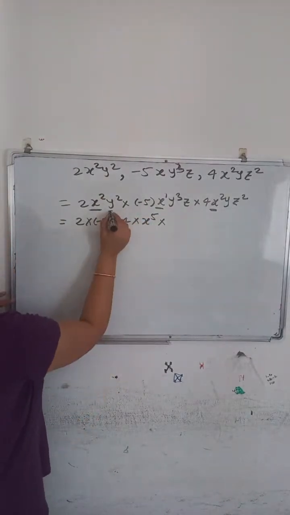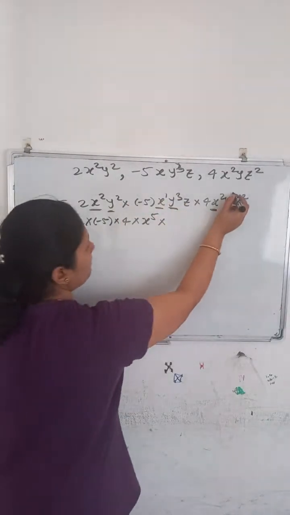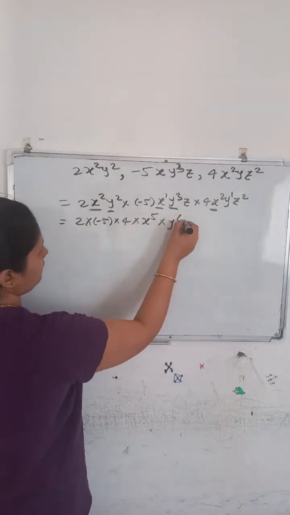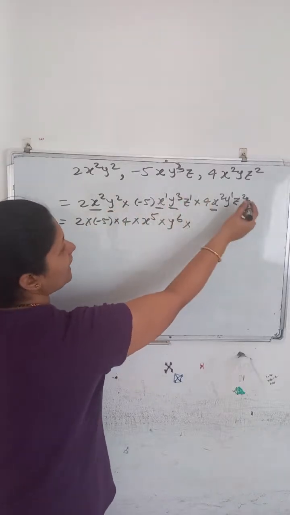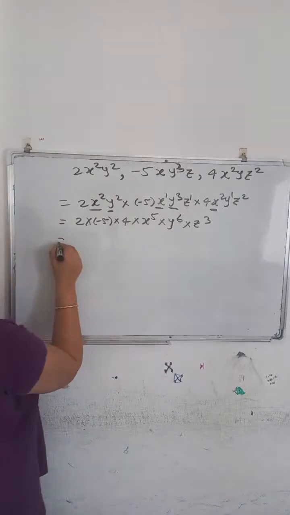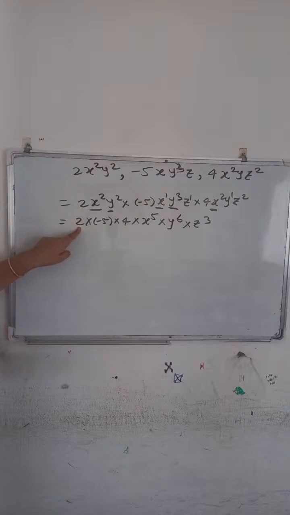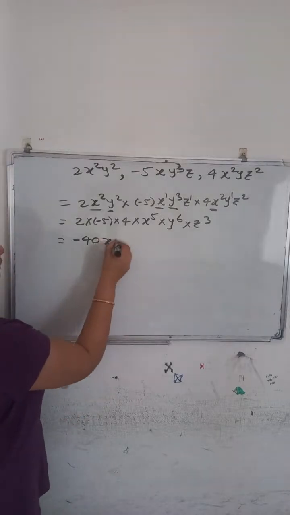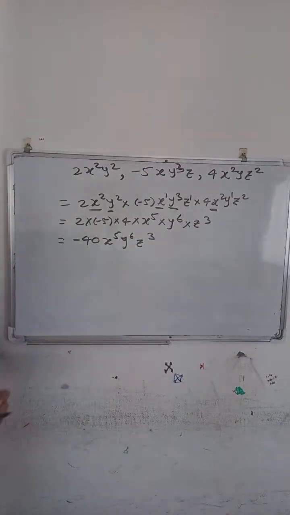Then y square, here y cube: 2 plus 3 is 5 and here power of y is 1, so 5 plus 1 is 6. Y raised to 6, and z is not there in the first, but here 1 and here 2, that is z cube. Now 5 fours are 20 and 20 into 2 is 40 with negative sign, minus 40. So minus 40 x raised to 5 y raised to 6 z cube is the answer.